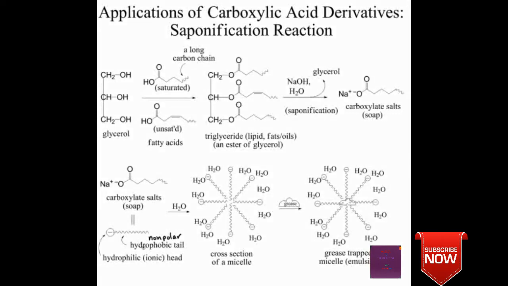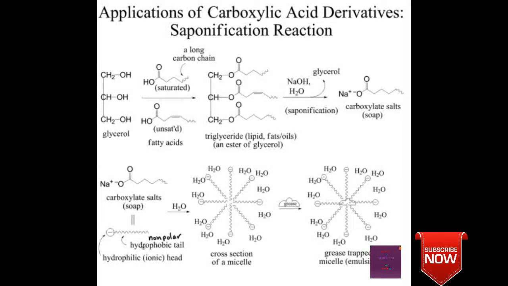Now, how does this work to clean things? Well, if I have my soap solution with all these micelles floating around in it, and I take my clothing and agitate it, put it in a washing machine or scrub it on a scrub board or something like that, the grease and oils that are dirty on my clothes are going to make their way onto the inside of this micelle, where it's going to be very nicely dissolved by the interior of the micelle, which is hydrophobic and nonpolar.